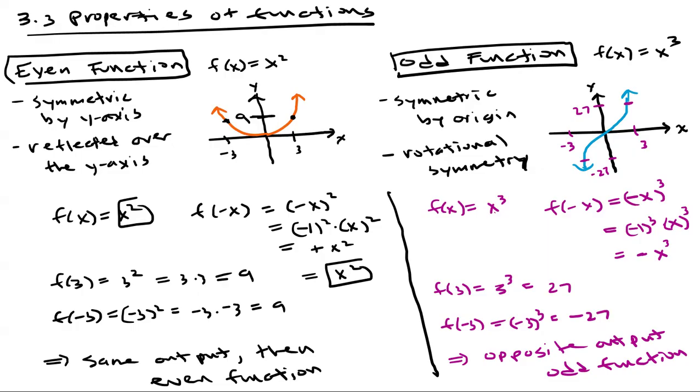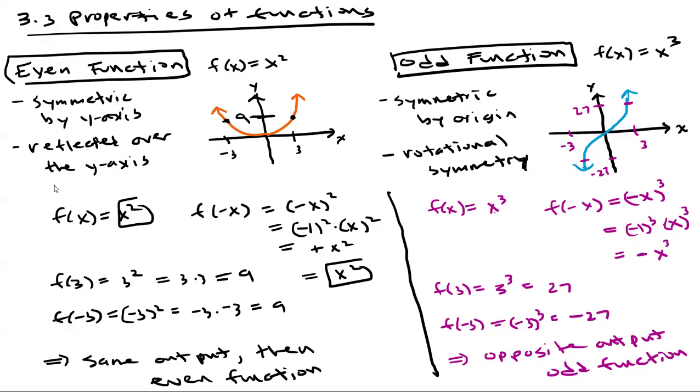Or maybe it's being divided by another term, x to the fourth or x to the fifth. Is it even or odd? So again, for these ones, yes, it's pretty cut and dry, but if you add other terms to it, it gets complicated, and what you need to do is plug in that negative x to determine if that function is even or odd, or sometimes it's none of it, neither.